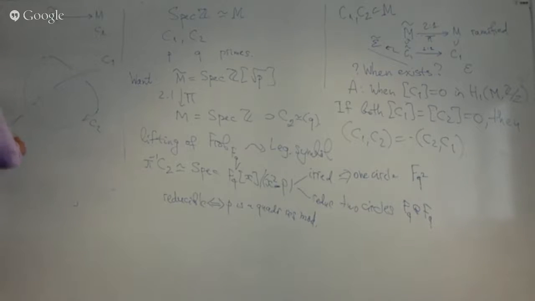Before, the point was that actually it is either connected or not connected. Yes, but we can say it in a more fancy way: going around C2 gives a deck transformation.